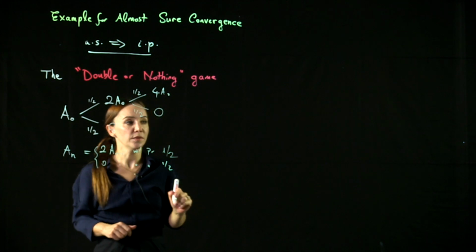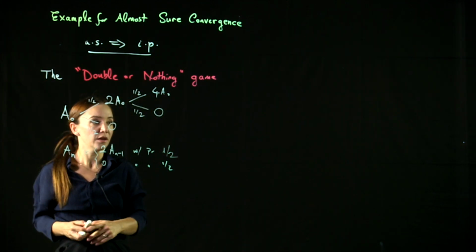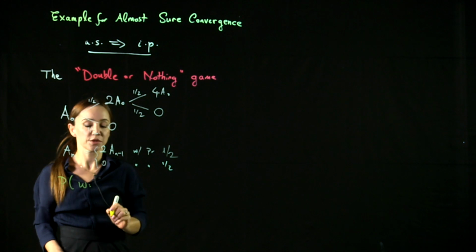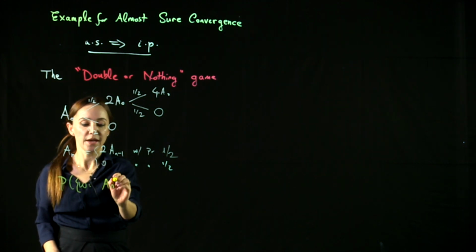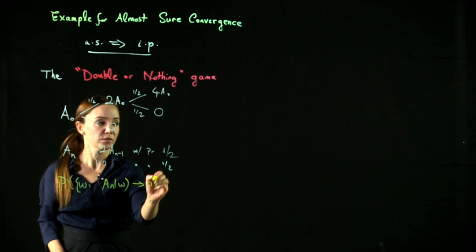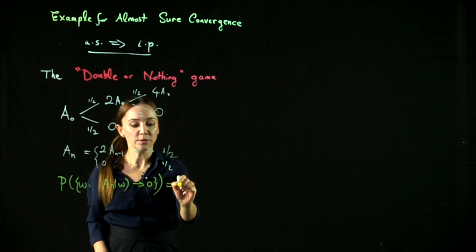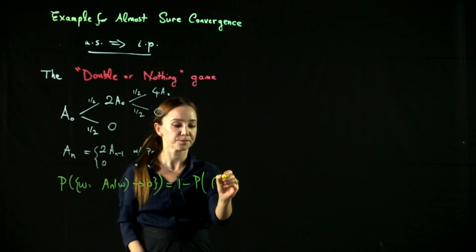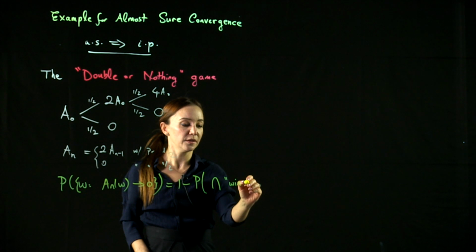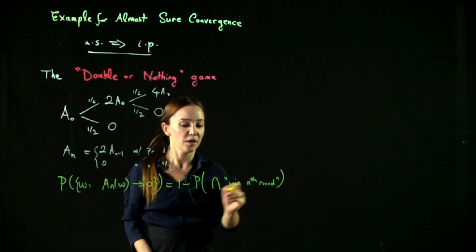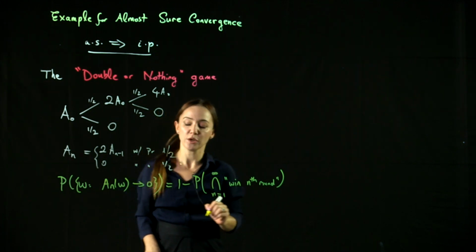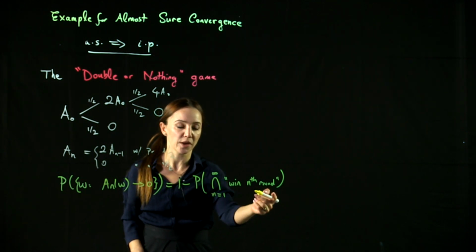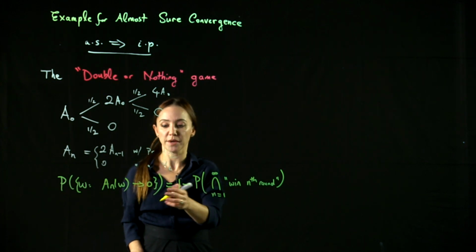Okay, so now the probability of outcomes where a_n goes to 0 is 1 minus the probability of the intersection of events that I win the nth round as n goes from 1 to infinity, because only on those outcomes where I indefinitely win does my money not go to 0.